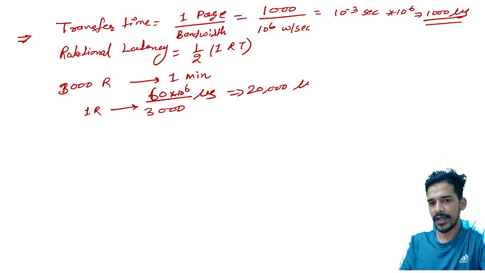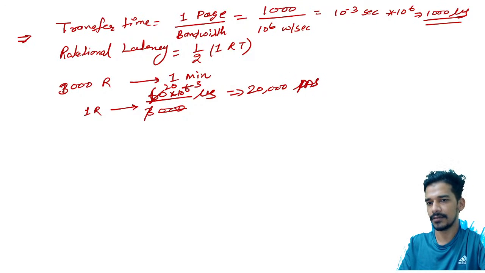This will come out to be 20,000 microseconds. Okay, so 20,000, and then these three zeros will divide those three zeros, so this will become 20 milliseconds. I can convert this into microseconds and this will become 20,000 microseconds.